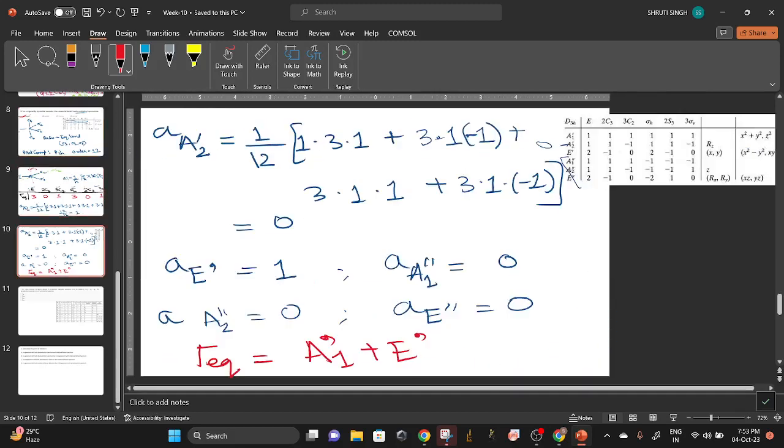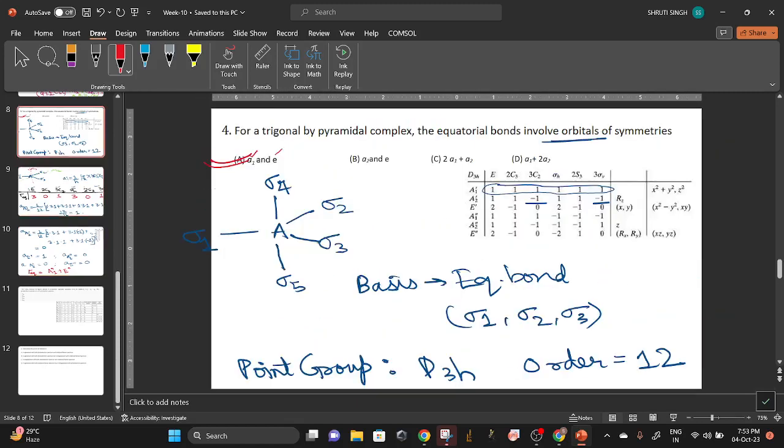So our answer is not A1 plus E. The answer is A1 dash plus E dash, because of the Mulliken symbol. Okay, so this is the fourth question.